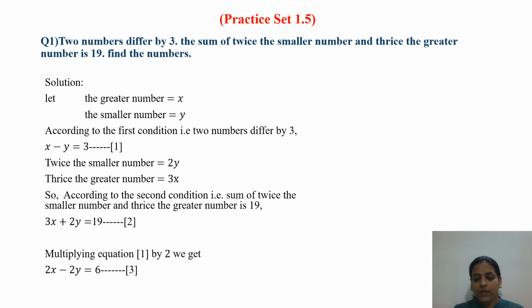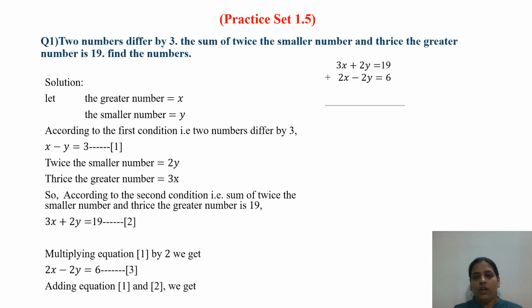Okay, clear? So add equation 2 and 3. What do we get here? That is 3x plus 2y is equal to 19. Next equation is 2x minus 2y is equal to 6.